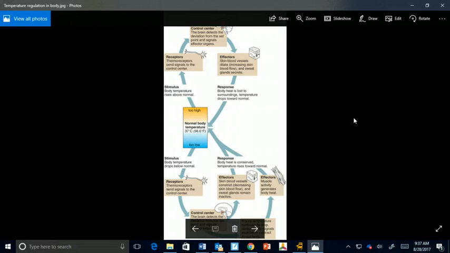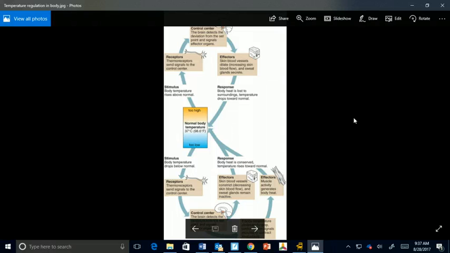The effectors are the sweat glands that now start producing sweat to allow you to cool off. The blood vessels in your face would be effectors that then dilate, let more blood come to the surface so that you can get some evaporative cooling. That's why your face gets red when you're hot, right? All the things that your body does to cool itself down.